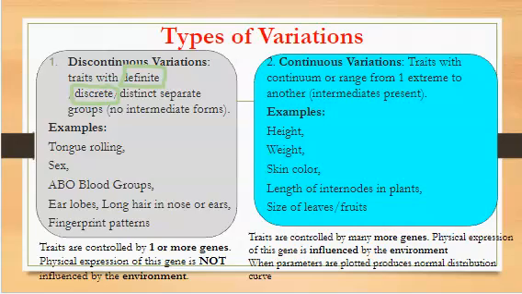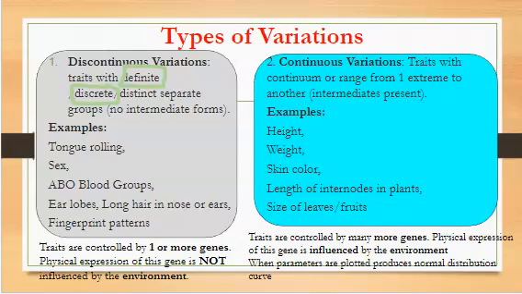Blood groups, it's either you have blood group A or B, AB or blood group O. You cannot have all of them. The earlobes, the long hair in the nose or ears, and the fingerprint patterns. So we generally have, the most common examples are 5 or 6 thereabout, and these are traits that have distinct, definite.